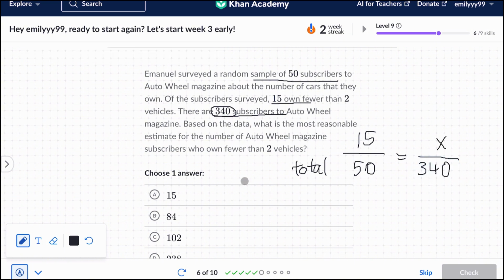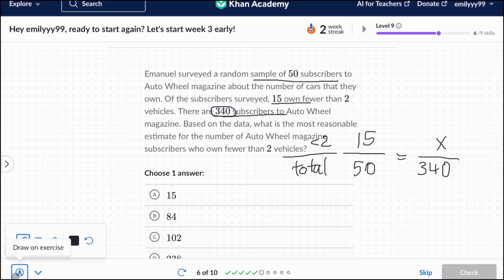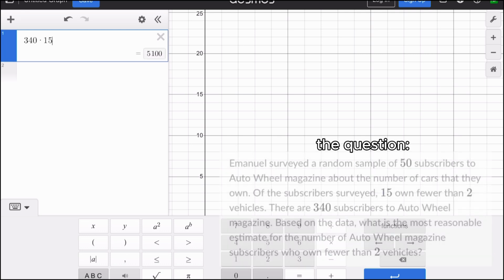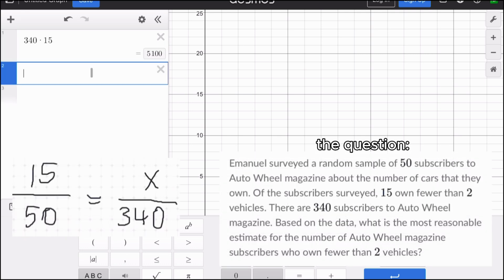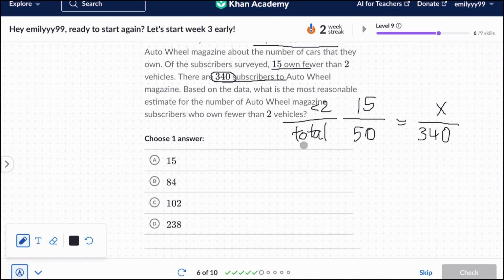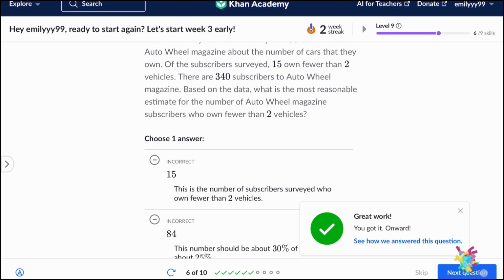That's what we're trying to solve for. And so we can do that in the calculator. 340 times 15 gives us 5,100. 5,100 divided by 50 gives us 102. So the most reasonable estimate is 102 out of the 340.